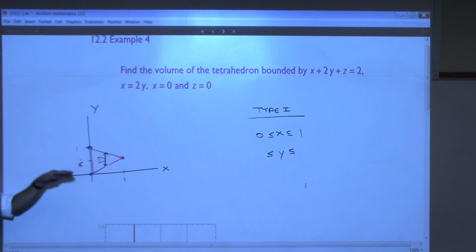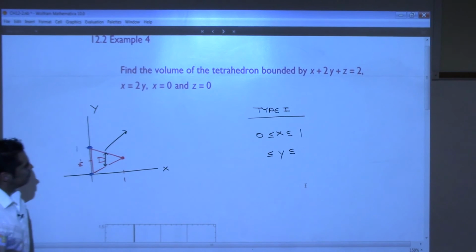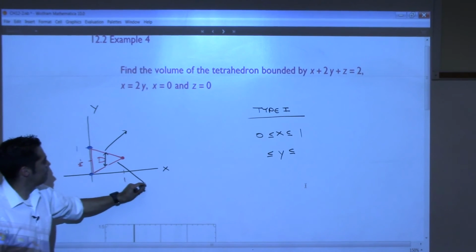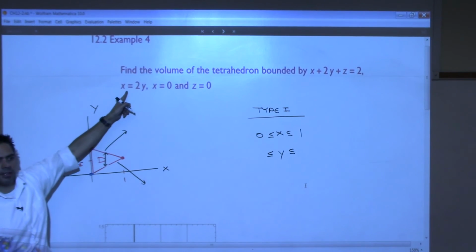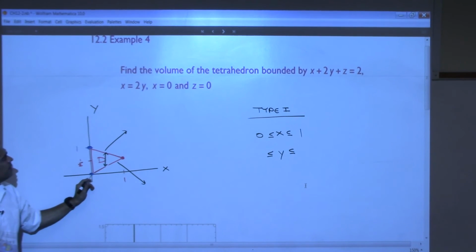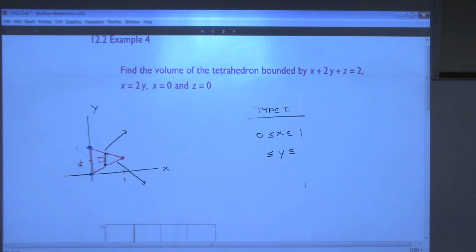So we actually need to come up with those two curves. What are those two curves? Do you know what this curve is right here? And do you know what this one is? The bottom one came from this, didn't it? And you could check it, 0, 0 lives there, right? And then if I plug in 1 for x, well, hold on.